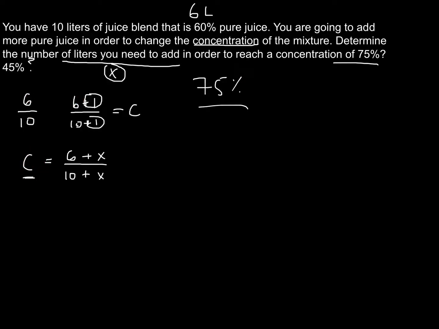So 6 divided by 10 is 0.6, that would be our concentration here. So for 75%, my concentration is 0.75, and that's equivalent to 6 plus x over 10 plus x. So go ahead and pause the video now and solve the equation, and then press play, and we'll talk.